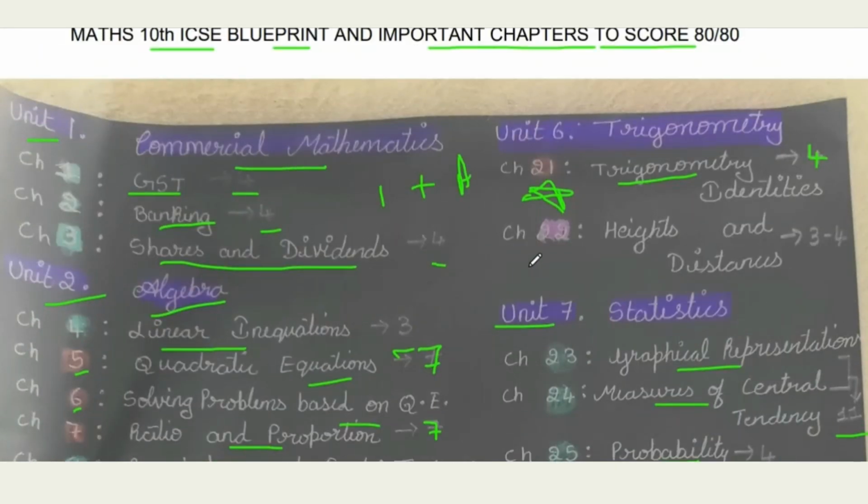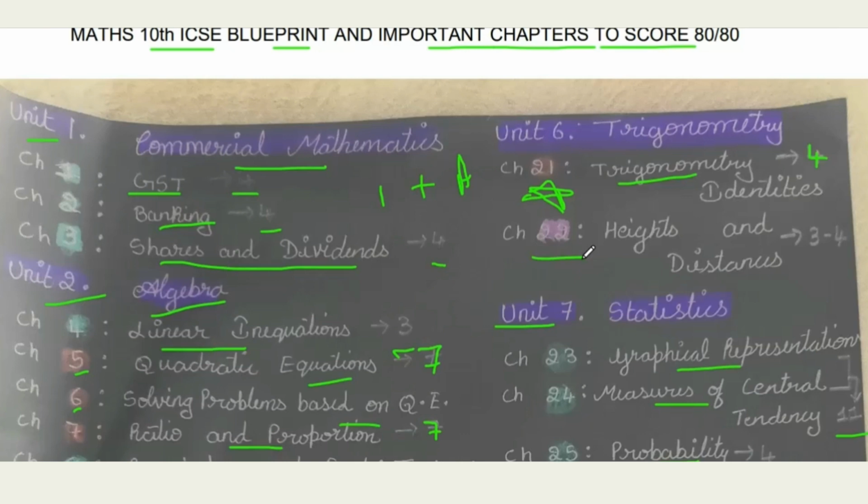Heights and distances. Heights and distances will definitely come in part B. Heights and distances, that is elevation and depression. If you understand the concept, or if you know that this is elevation, you should understand the question first of all. More than the concept, you should understand the question.